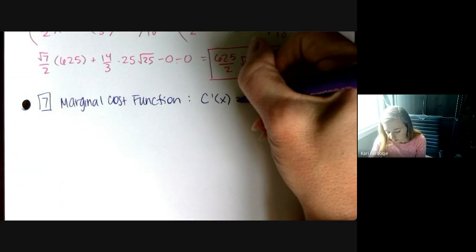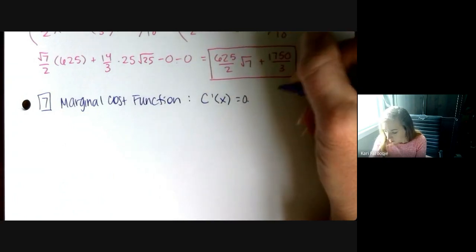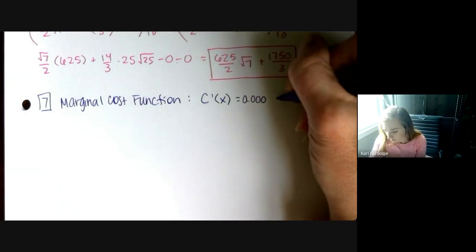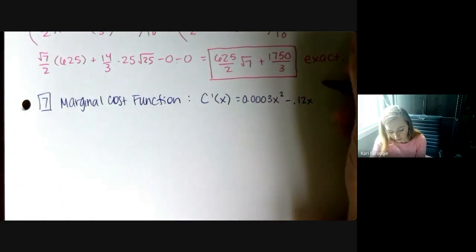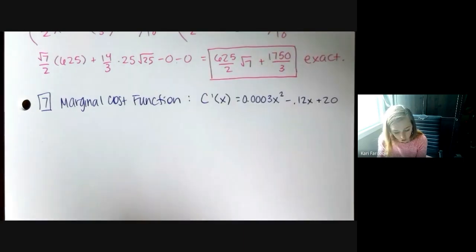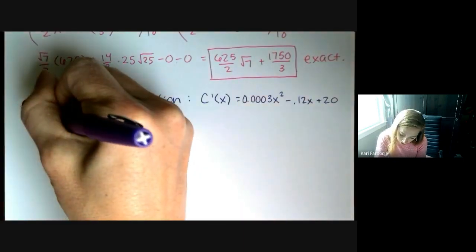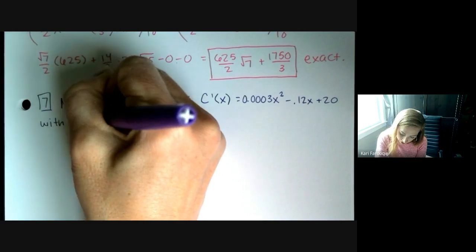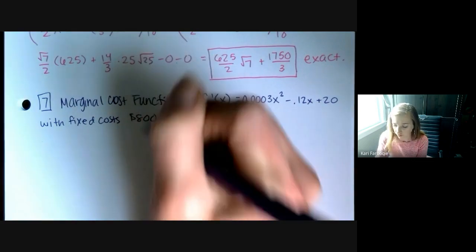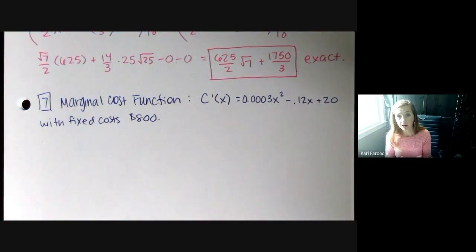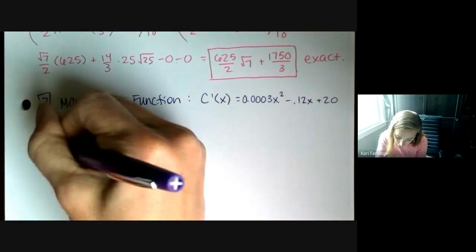C prime of x equals 0.0003x squared minus 0.12x plus 20, with fixed costs of $800. I'm going to ask you a question now based on the given marginal cost function and the fixed cost that I just gave you. A, find the total cost of the first 300 units.